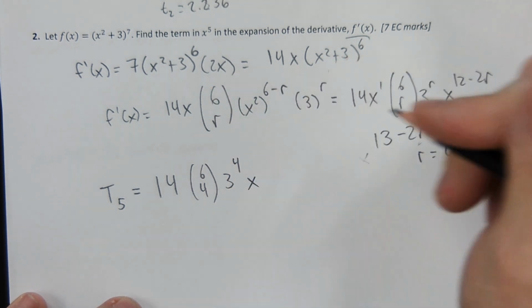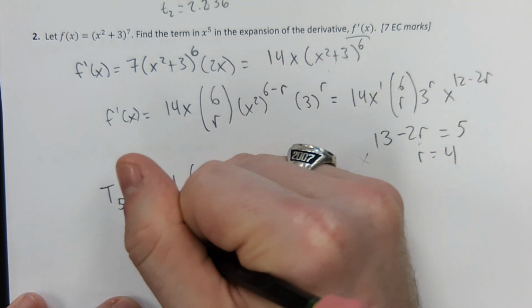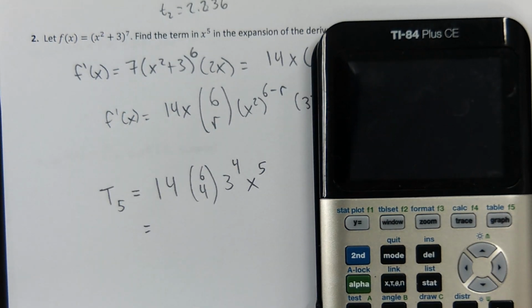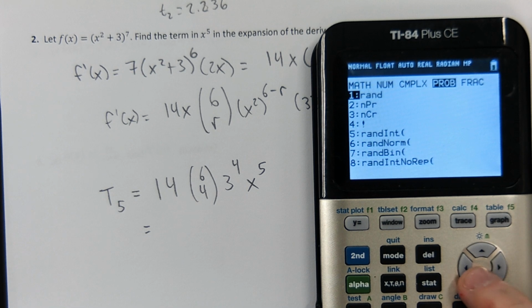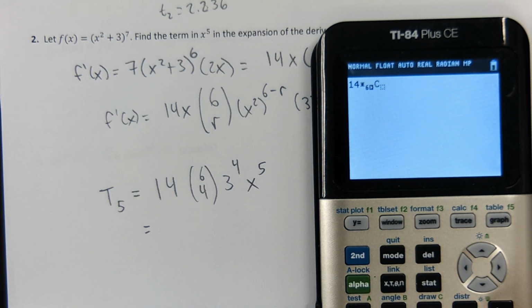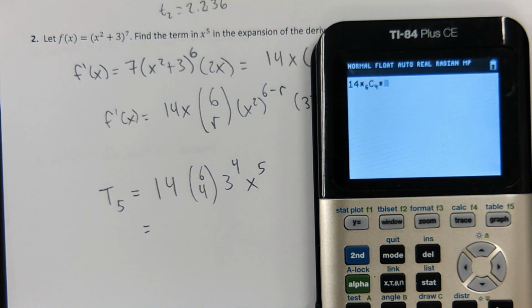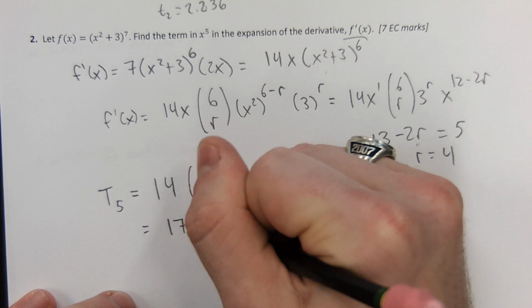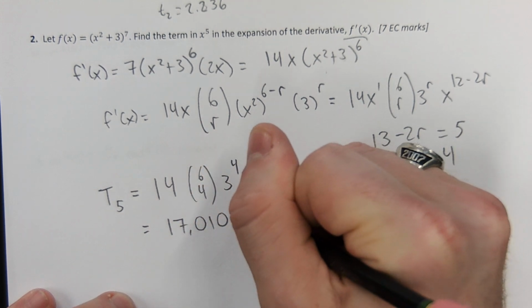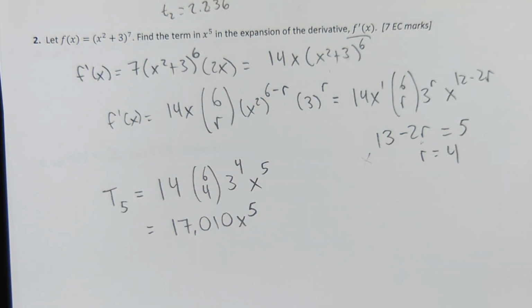X to the fifth. 14 times math, prob, nCr, 6 choose 4 times 3 raised to the fourth, in case you don't know what it is. And you get that number, 17,010, x to the fifth. And there it is. Okay?